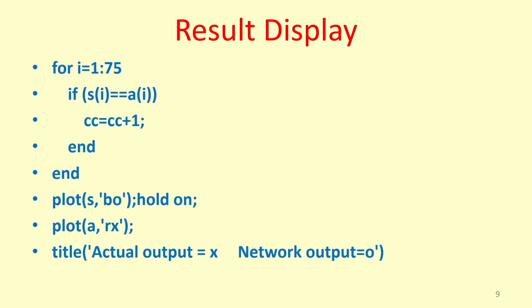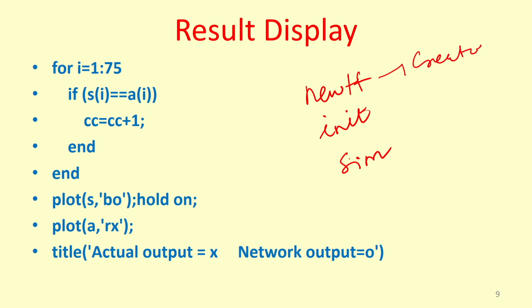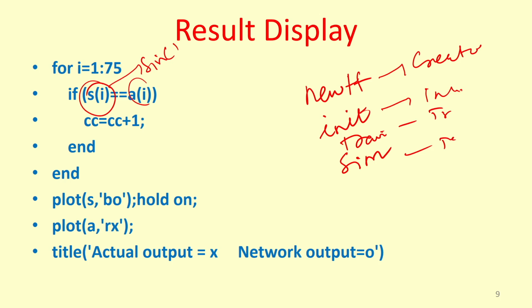What are the major commands? newff, init, train, sim. newff is for creation, init is for initialization before training, then training and testing. These four commands you should remember. S of i is holding the simulated output, A of i is holding the actual output.